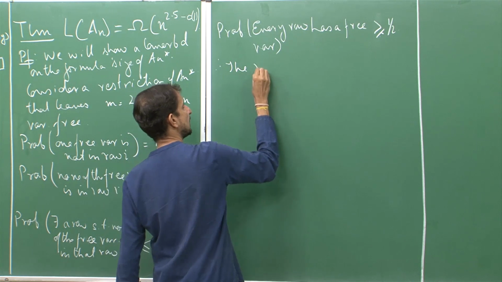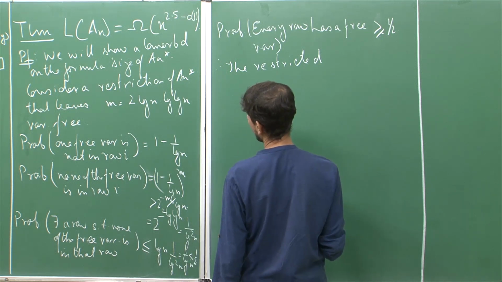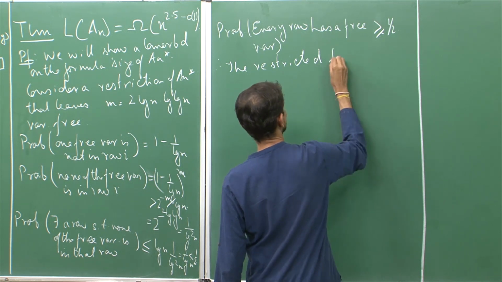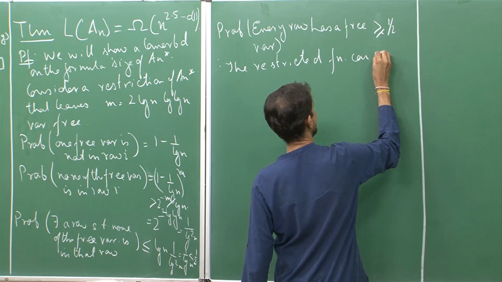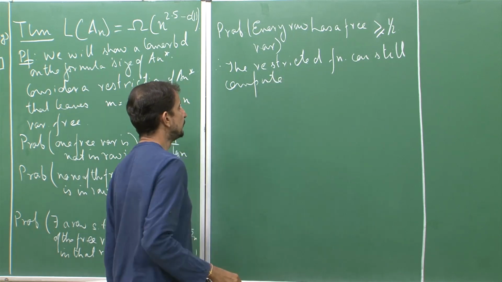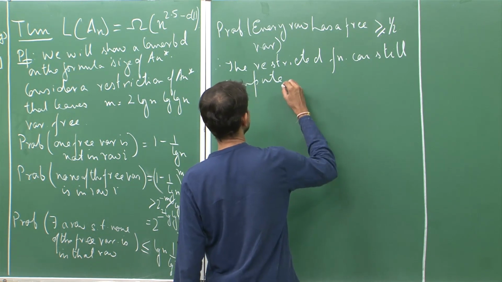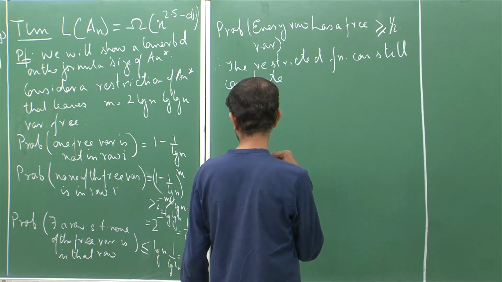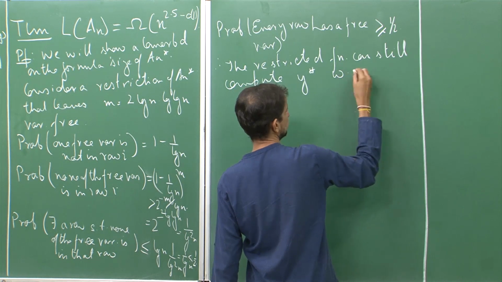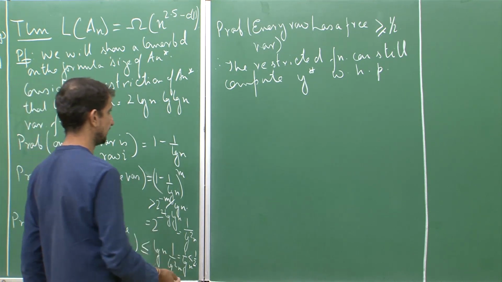Okay. So, therefore, the restricted function can still compute y star with high probability, because every row has one free variable.